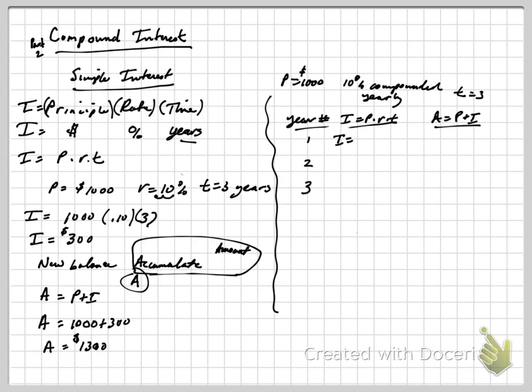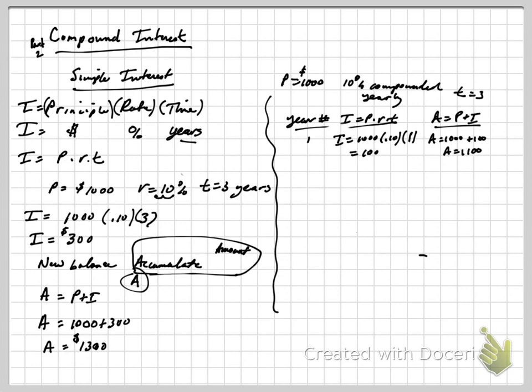In other words, you're going to have 1,000 times 10%. And how long does year number 1 last? Don't tell me 3. Year number 1 lasts 1 year. So you're going to get $100. And so your new balance is going to be 1,000 plus 100, or $1,100.